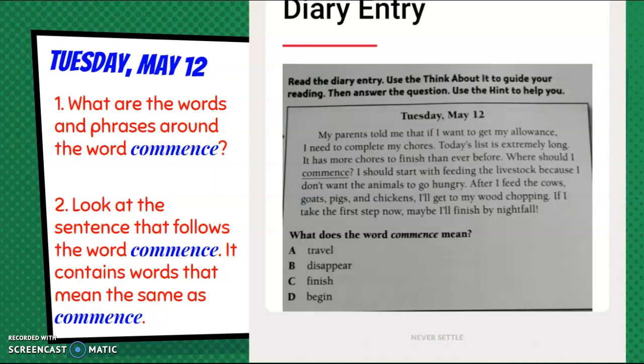Would me disappearing help me to complete my chores? Absolutely not, so I know that I can eliminate that. What about finish? Where should I finish? Well, it says I have to start before I can finish, so I definitely know that it's not C. So by process of elimination, when I commence something, I begin. Okay?